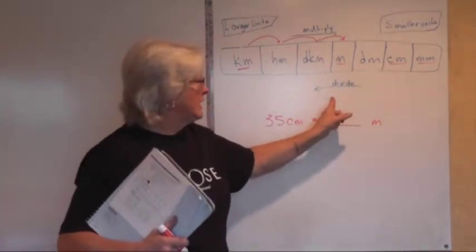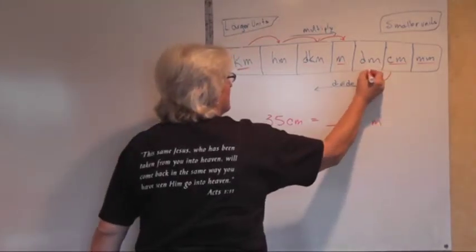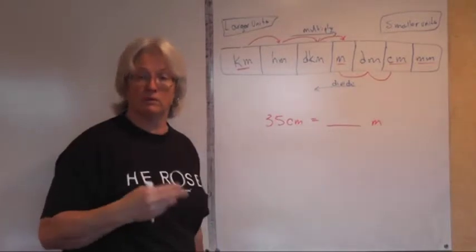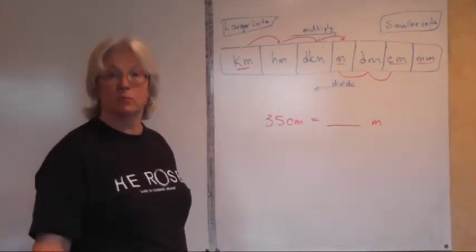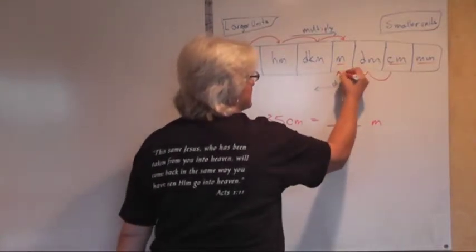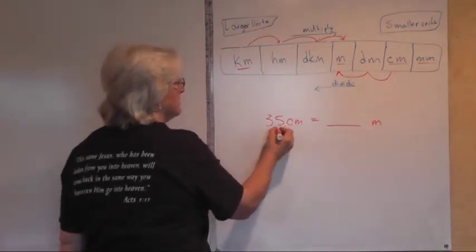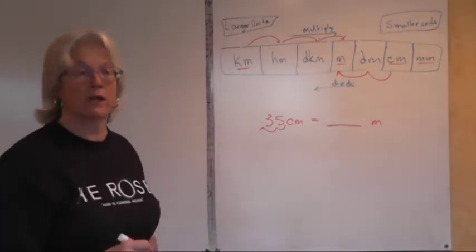We're going to divide. How many spaces are we moving? 1, 2. So we're going to divide by what? 10 to the second power, which is 100. How do you divide by 10 to the second? You take this decimal point and move it 2 spaces to the left.